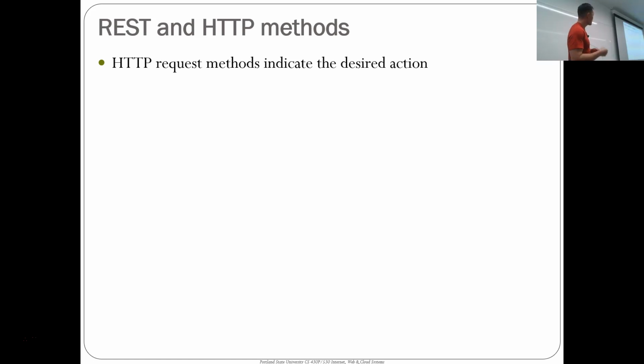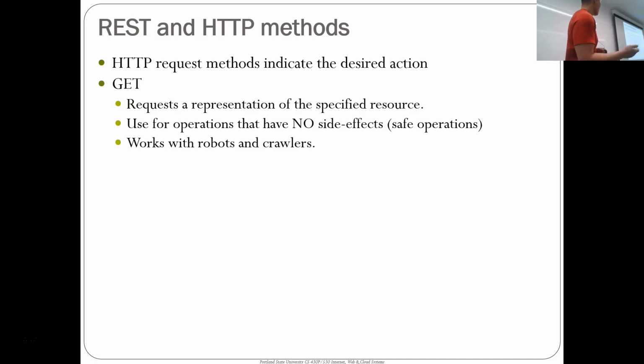So with REST and HTTP methods, the request method is going to determine the kind of operation that you want done on that resource. So there's a get, which just gets a representation of the resource that you're accessing. And typically, when you use a get on a REST interface, it should have no side effects. So these are side effect-free, safe operations.